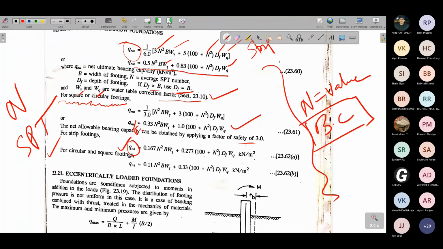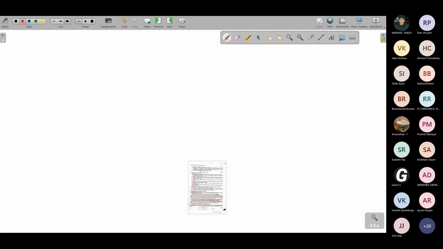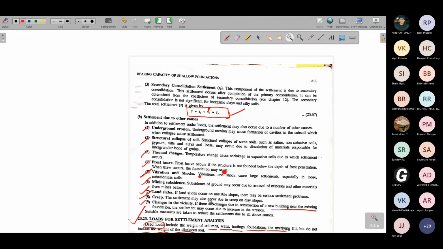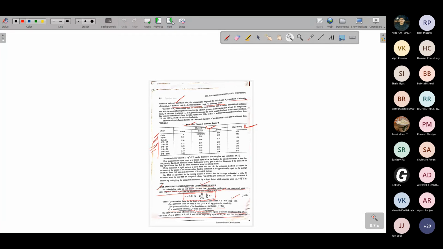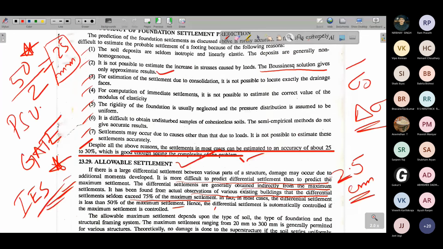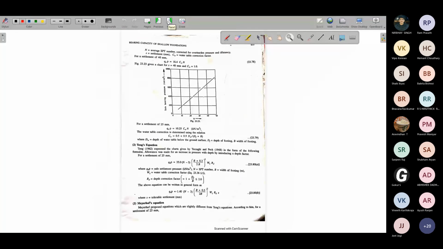Next, we tried to understand settlement: immediate, consolidation and final settlement. How to find that, we have seen, and we have added them. And finally, we have seen the allowable settlement, how much we will allow. So with that, I'll stop today.